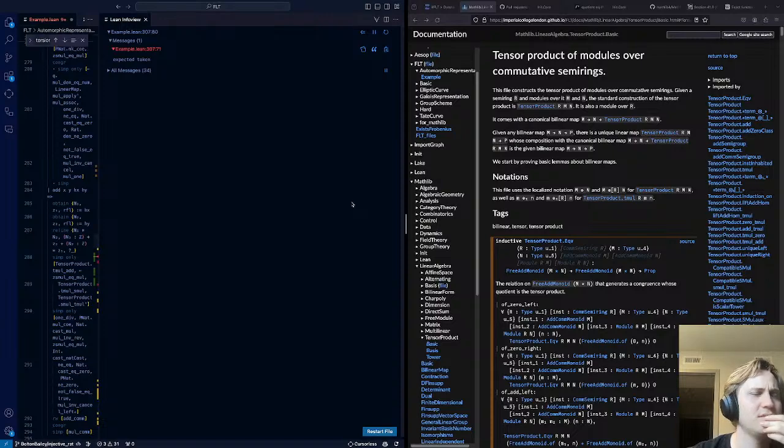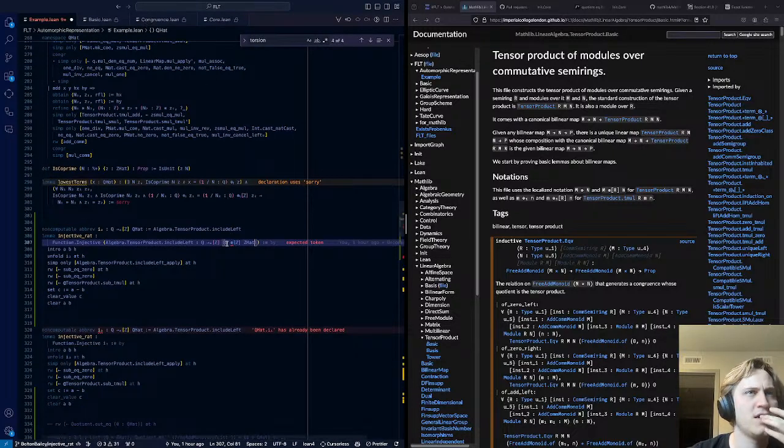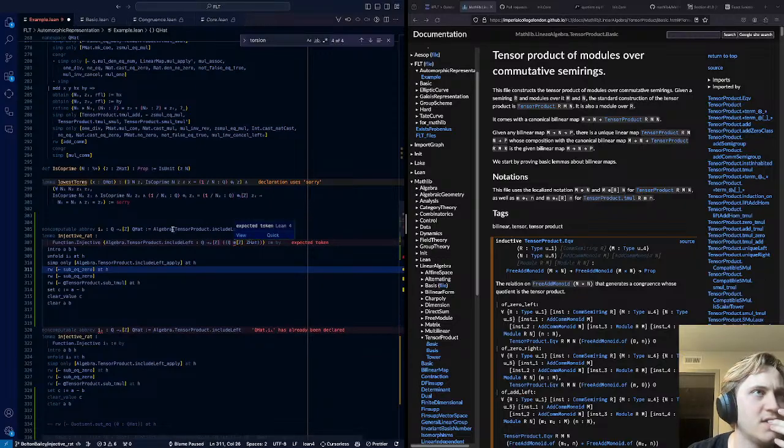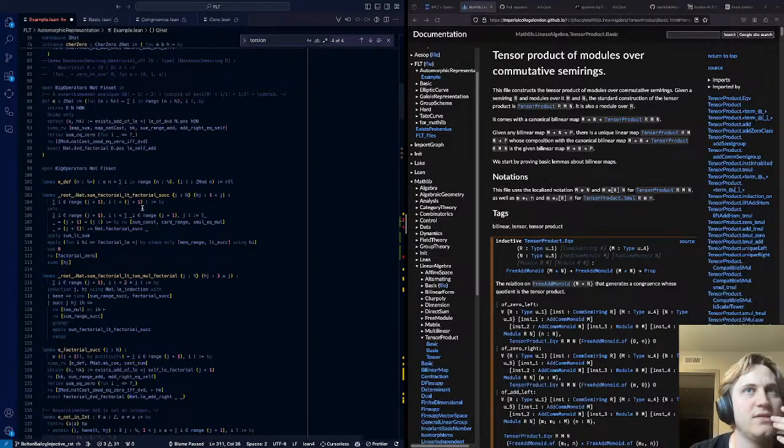Why is this not right? I've just replaced it by its definition. Expected token.